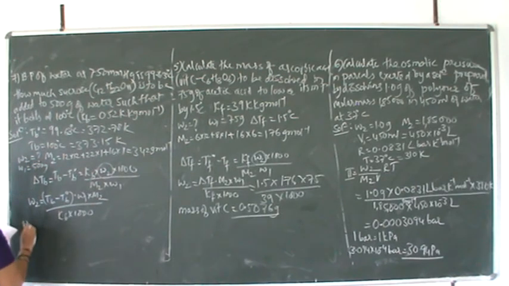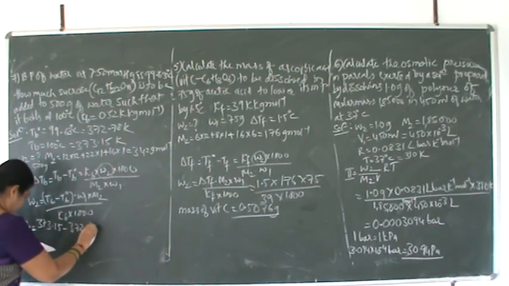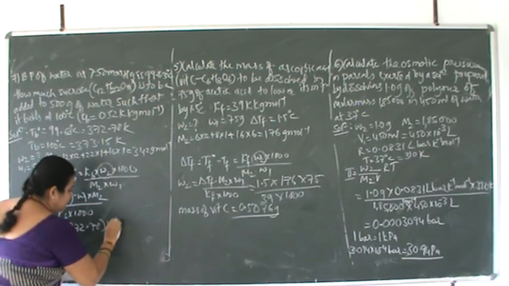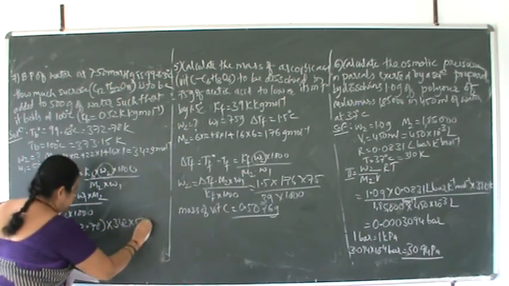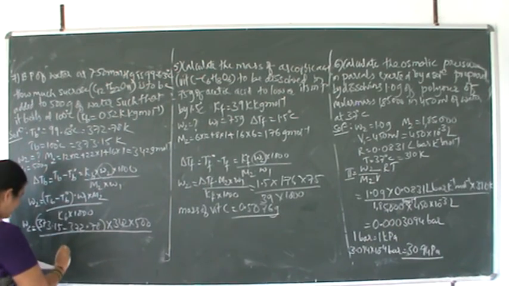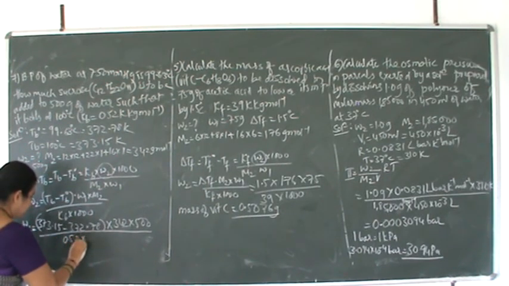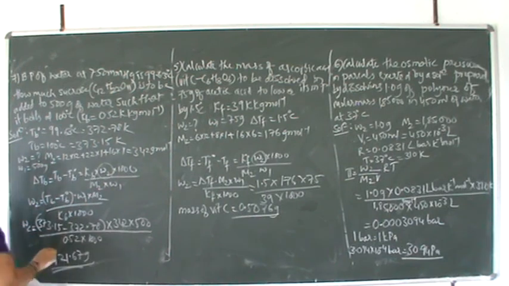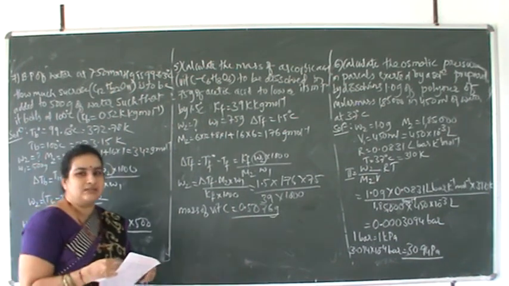So W2 is equal to 373.15 minus 372.78 into 342 into 500 divided by 0.52 into 1000. It will be 121.67 grams. Okay. Here I will end the topic.